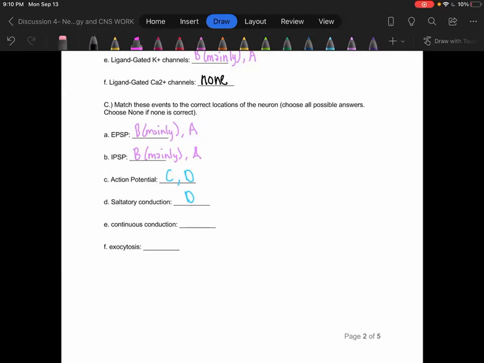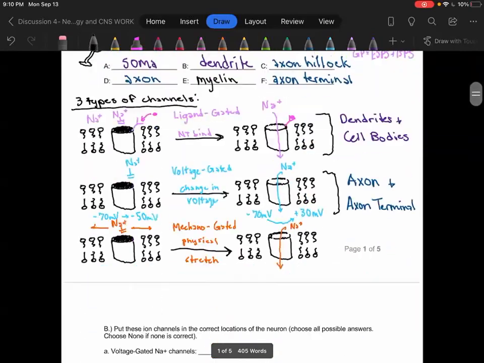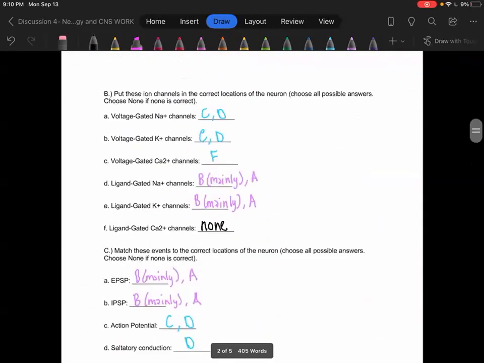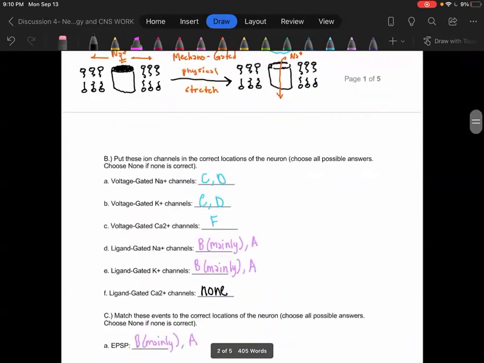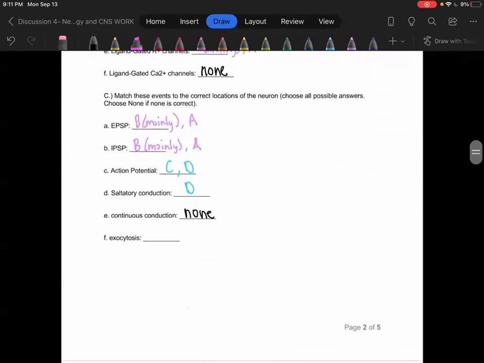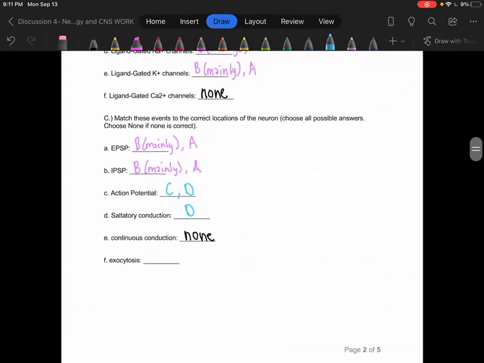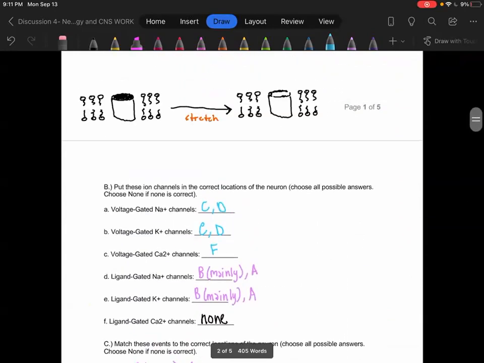Continuous conduction, trick question. We do not see this anywhere on our picture above because this only occurs in unmyelinated axons, so axons that don't have that myelin sheath. And then exocytosis occurs at that axon terminal when those calcium ions flow in through those voltage-gated calcium channels.